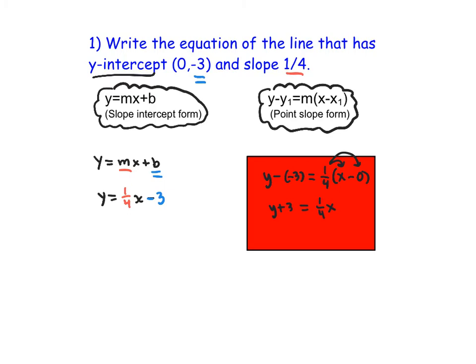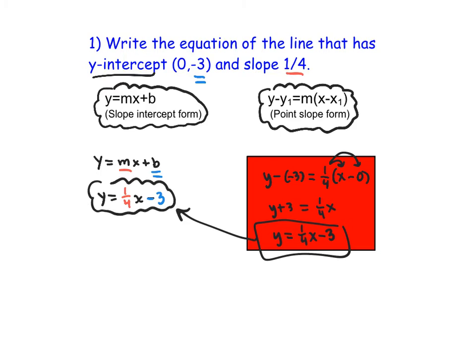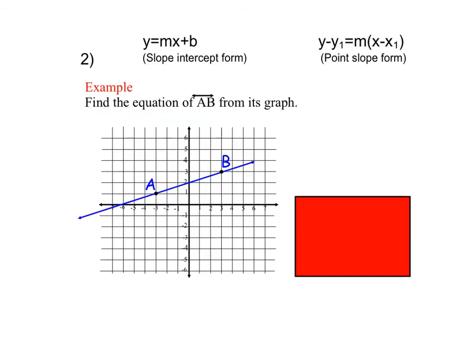And then if I subtracted 3, I would get 1/4 x minus 3. Thus, I get the exact same equation if I were to bring that back to slope-intercept form. Either way you go, this answer is entirely correct, and so is this answer right here. Okay, let's look at a couple more slides.